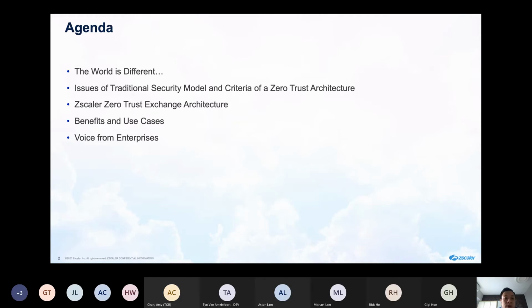And in the last two parts, I'm going to share the benefits and use cases of adopting zero trust, and also share some of our customer voice about what benefits they have gained from adopting Zscaler zero trust. So this will be the agenda today. Hopefully we can finish the session in 45 to 50 minutes, so that we can have some time for Q&A as well. Okay, so let me start.